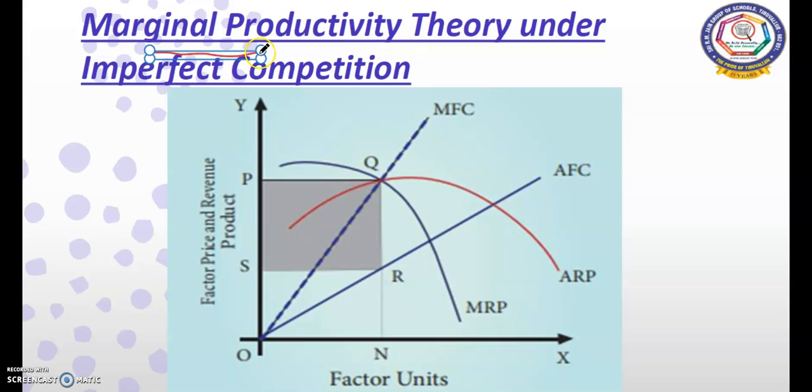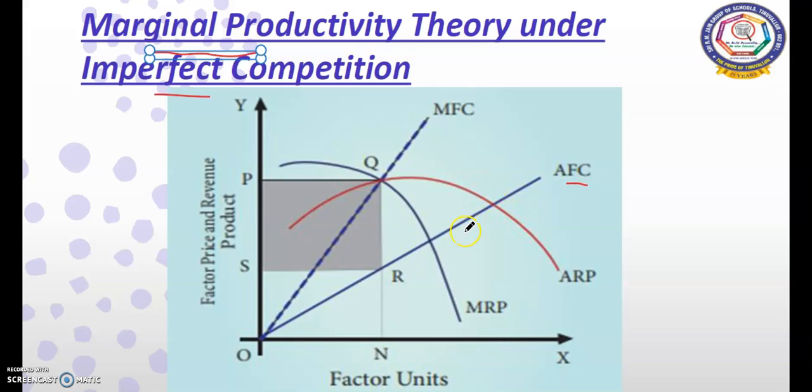Now, marginal productivity theory under imperfect competition. Now, AFC is average factor cost curve. It represents the price paid to the factors. So, it increases as the number of factors demanded by the employer increases.